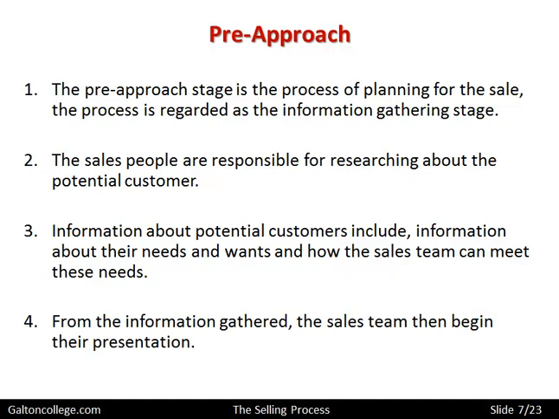From the information gathered, the sales team then begin their presentation. So once the sales team have gathered the information, have got a background on the customer, have some information to work with, then they will start to make a presentation about the product and enlighten the customer about the product and how the product can help the customer satisfy the needs that they've got.